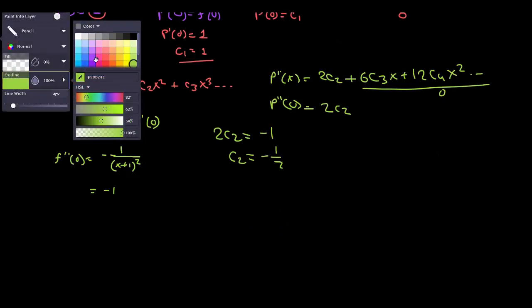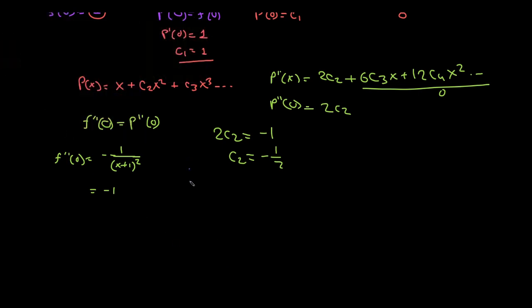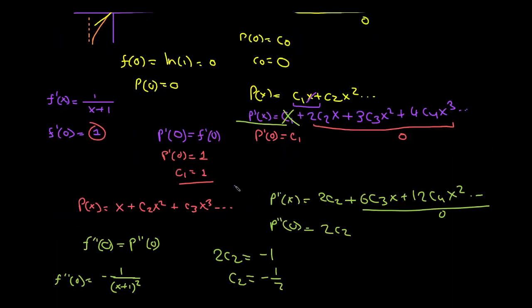Alright, so now we have 3 terms in our polynomial. So our polynomial is now going to be, and now I'm just going to leave out the x cubed terms and higher terms, so we can see what it becomes. First of all, c0 is just equal to 0, so we can leave that out.